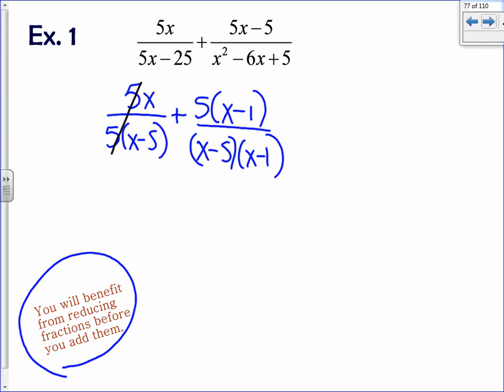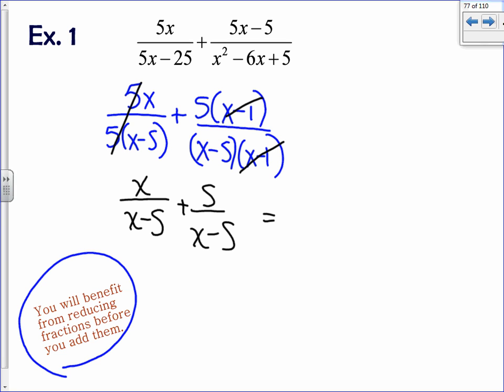So here the 5's will cancel, here the x minus 1's will cancel, and then, serendipitously, I get a common denominator. So sometimes it will benefit us to reduce the fractions prior to adding or subtracting. This is one of those cases.